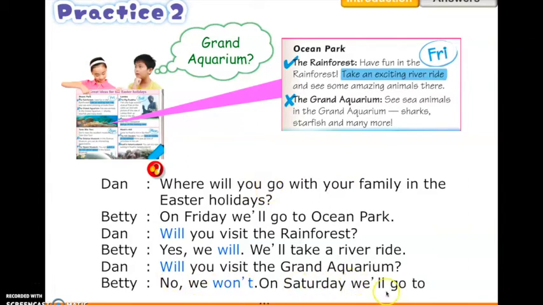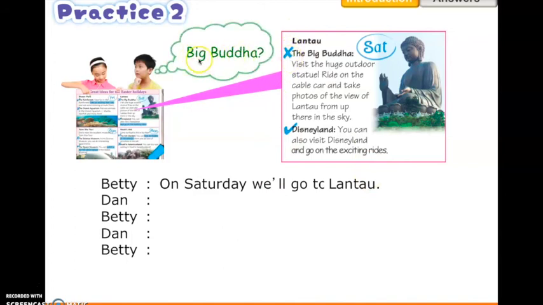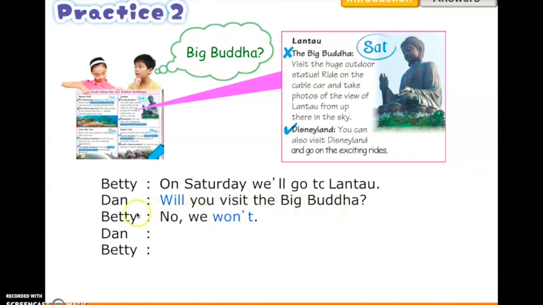On Saturday, we'll go to, where are they going on Saturday? Let's look at it. Ooh, on Saturday, we'll go to, where is this? Lantau. And what will Dan ask? Look at this. Dan will ask about the Big Buddha. Will you visit the Big Buddha? Betty will say, cross. No, we won't. And then Dan will ask about Disneyland.